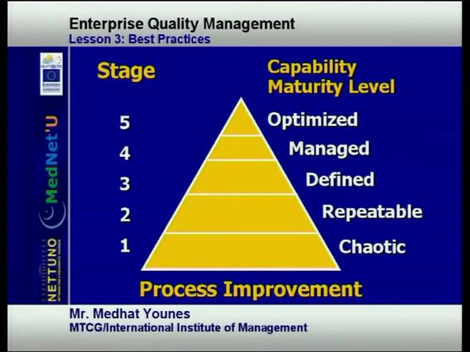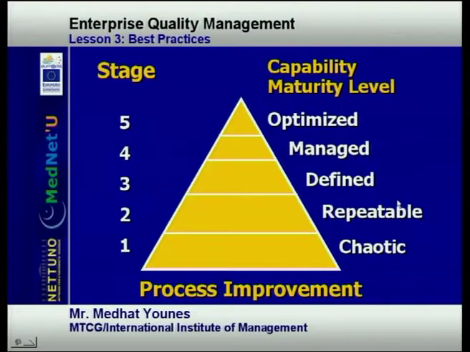At the repeatable maturity level, the key characteristic of an organization is the existence of established basic management controls, but the key challenges at this level include the fact that the process is dependent on individuals, and there is no framework for improvement, as well as no documentation.